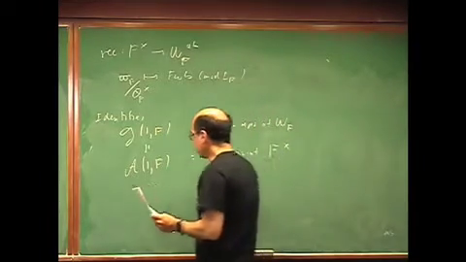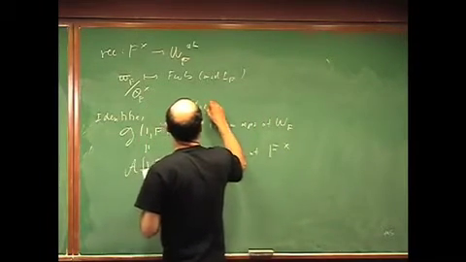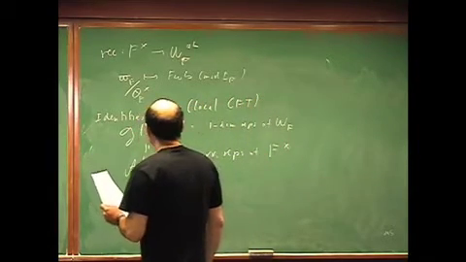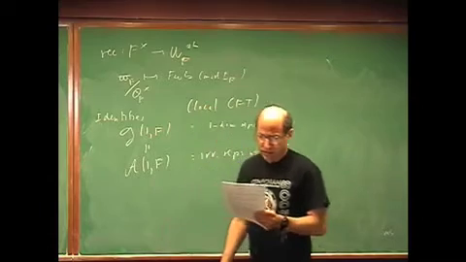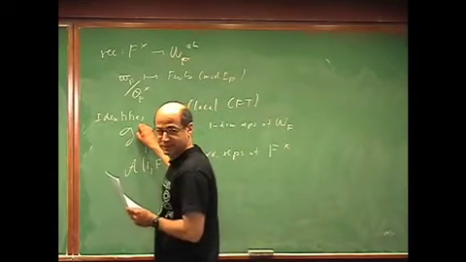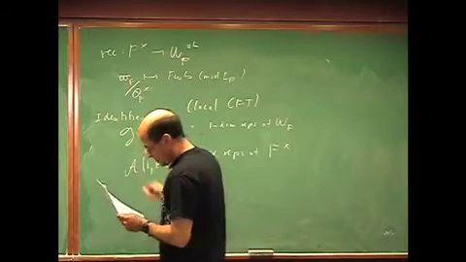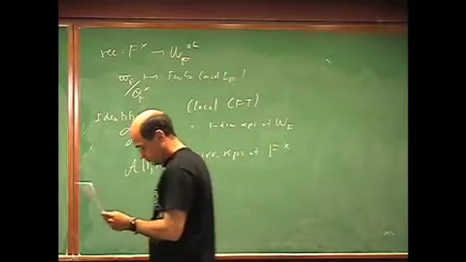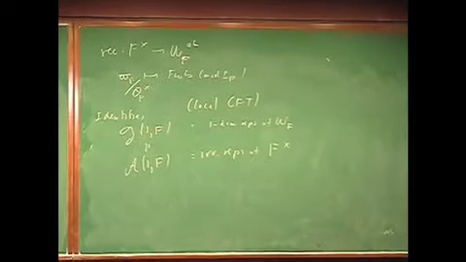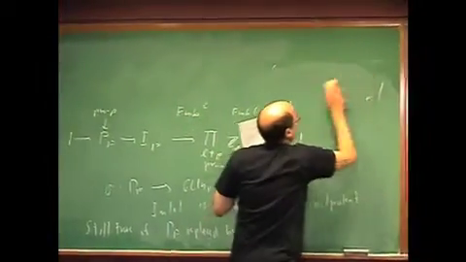That's local class field theory. And now the local Langlands correspondence for GL_n replaces this one by n. So, back up.